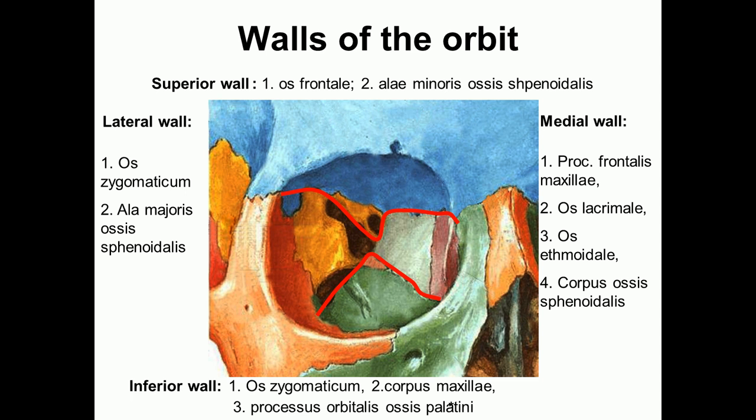First of all, os zygomaticum of light pink color, and second, ala major ossis sphenoidalis of yellow color.